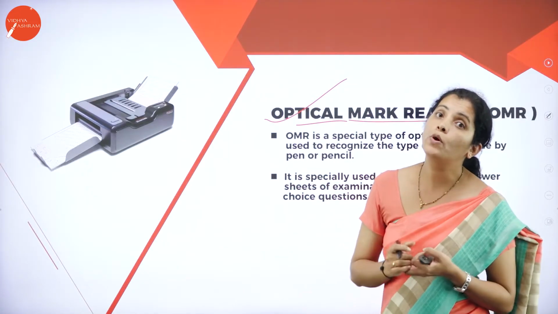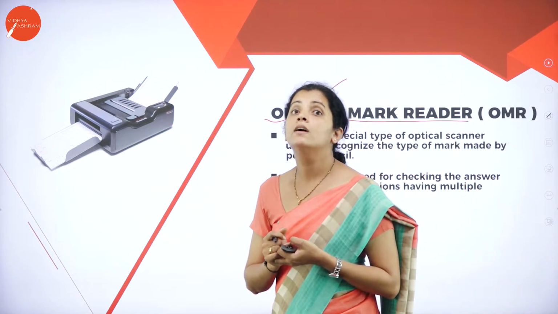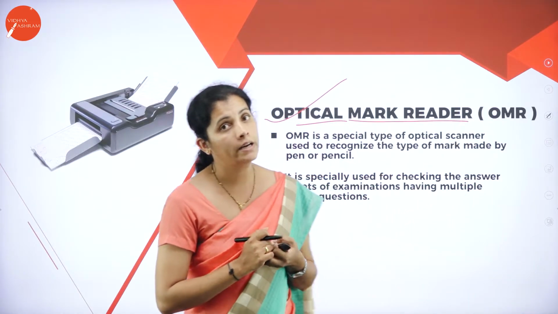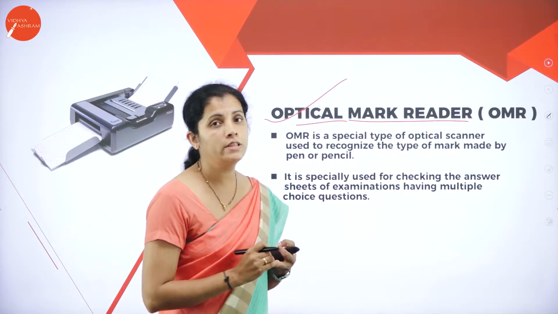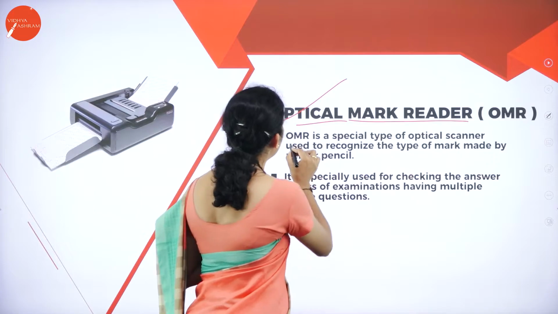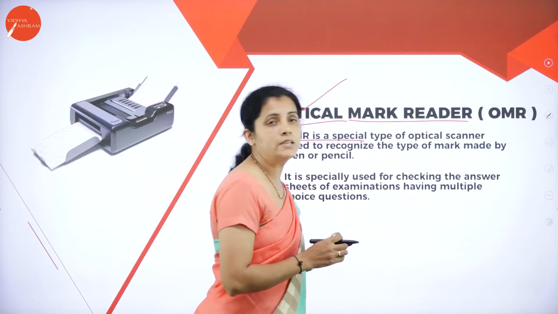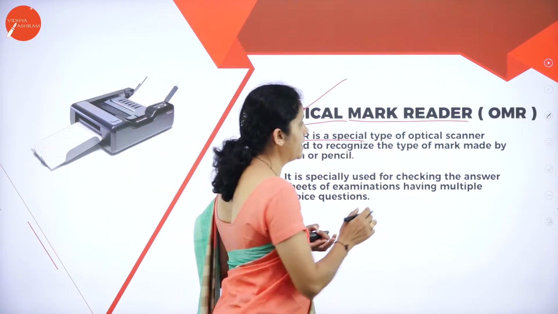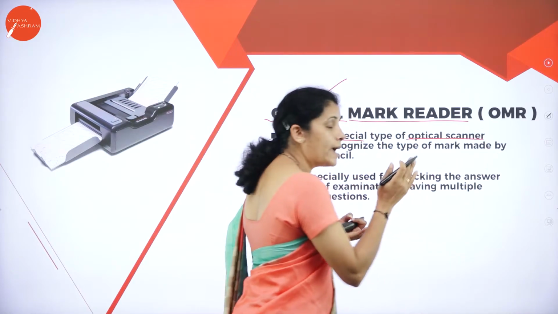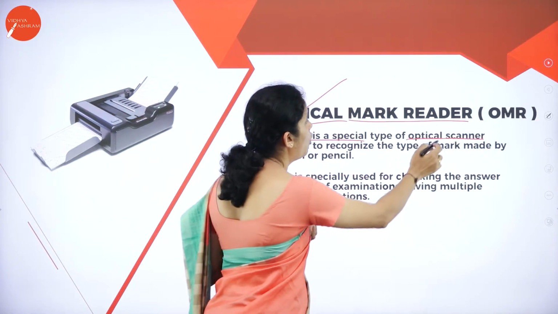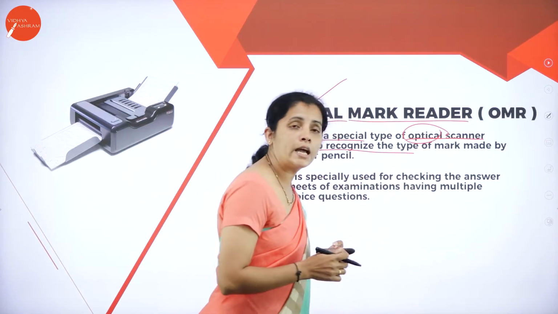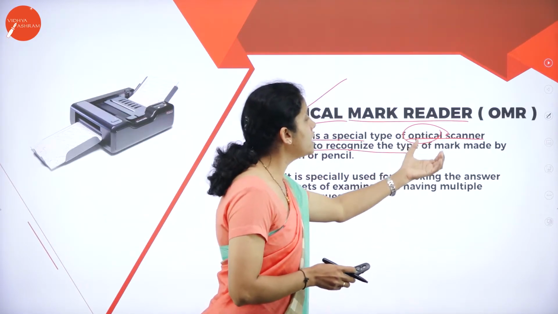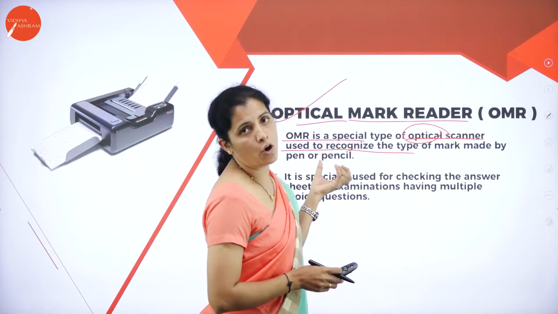So here OMR is nothing but the optical mark reader and it is mainly used to read the marks on the paper. So OMR is a special type of optical scanner. It is a scanner of type optical and it is used to recognize the marks made by pen or pencil.